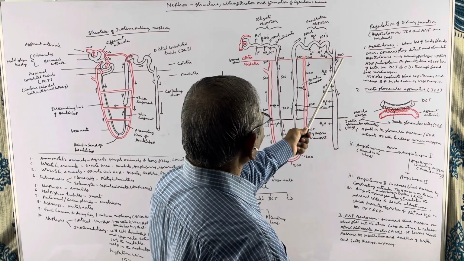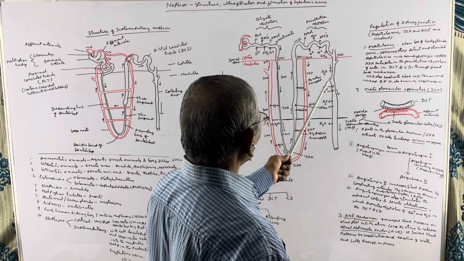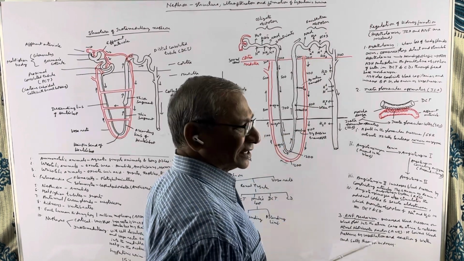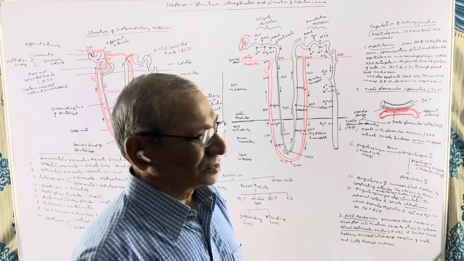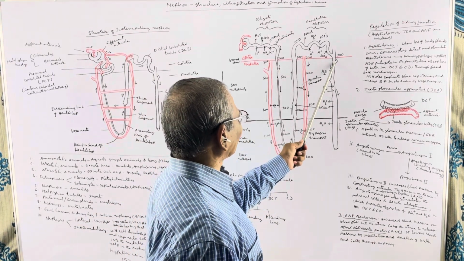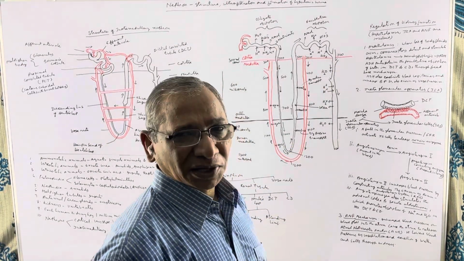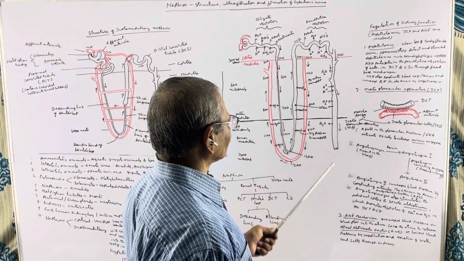So the medullary fluid is 300. By the time it reaches this point, it is around 1200. So as the glomerular filtrate passes through the collecting duct, again the concentration of the glomerular filtrate increases. And by the time the glomerular filtrate reaches the tip of the medullary pyramid, its concentration increases to 1200 milliosmoles.